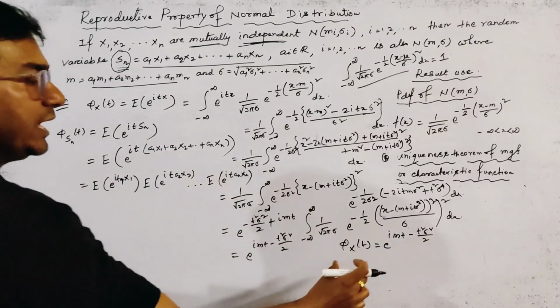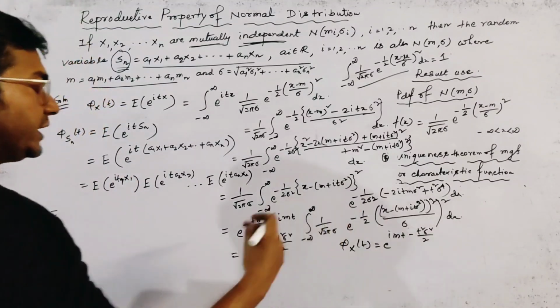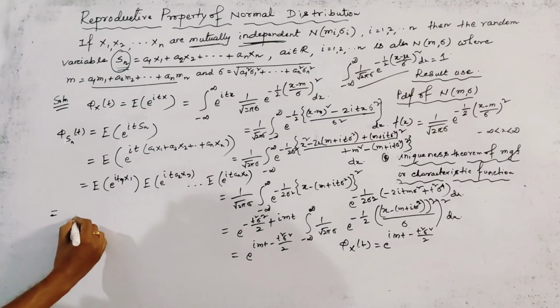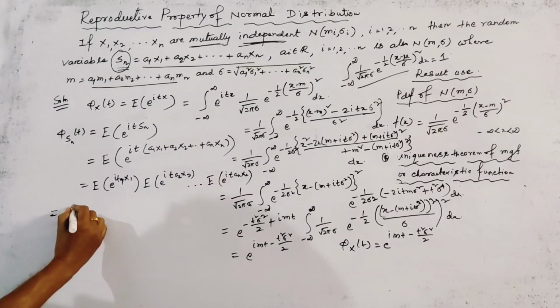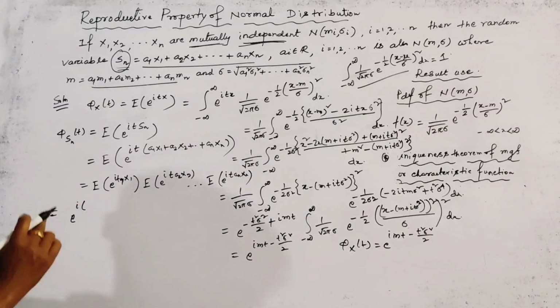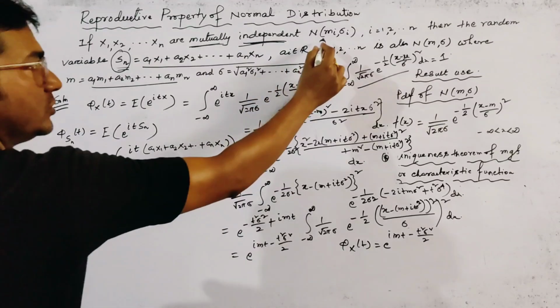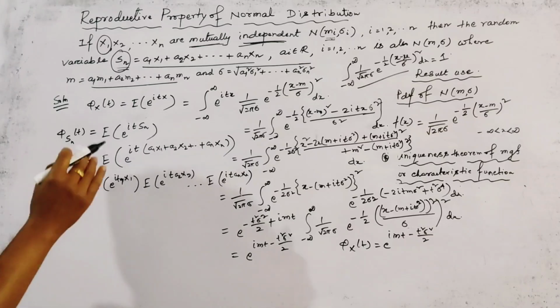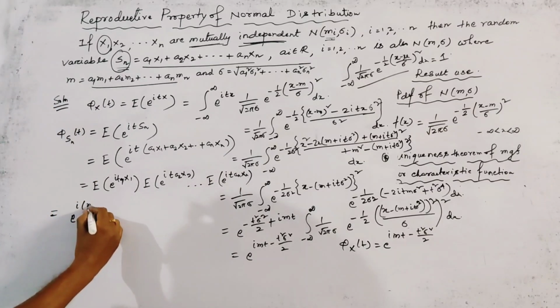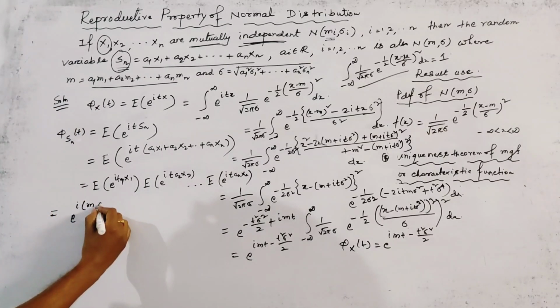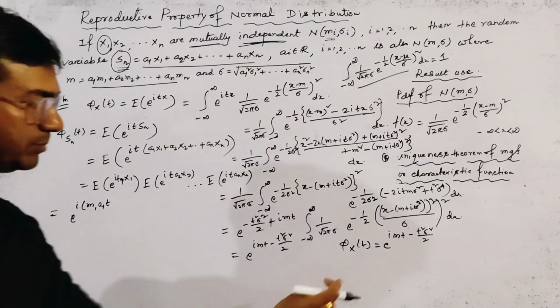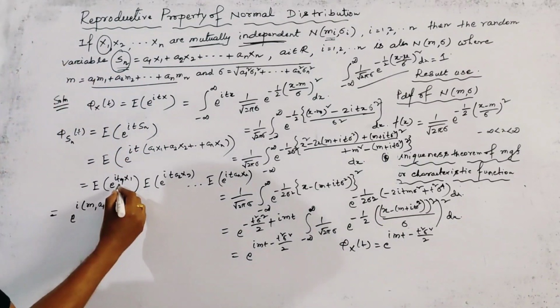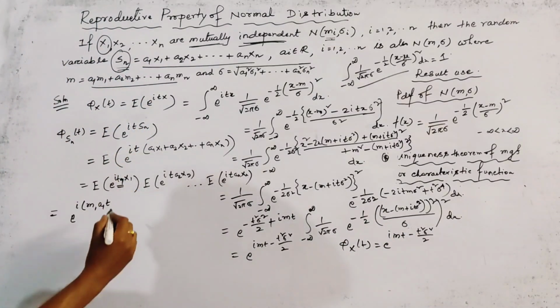Okay, so we directly write from here that this is given by e to the power i into mu, where mu is m1, because this is the mean of x1, and we write a1 t in place of t because here the real variable is a1 t.